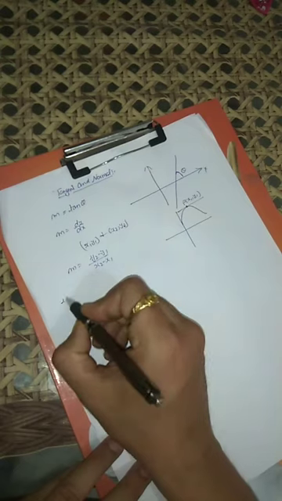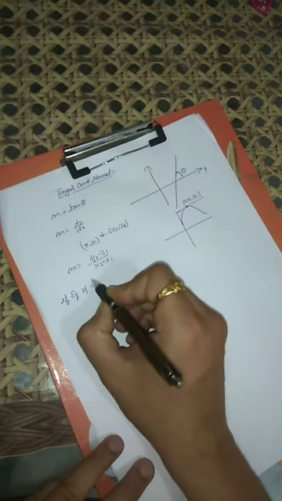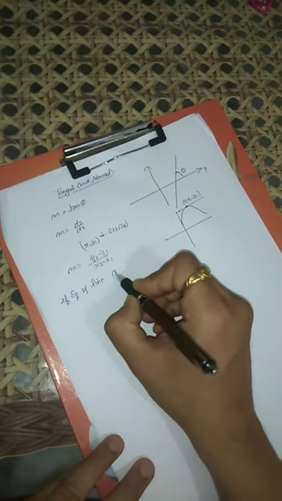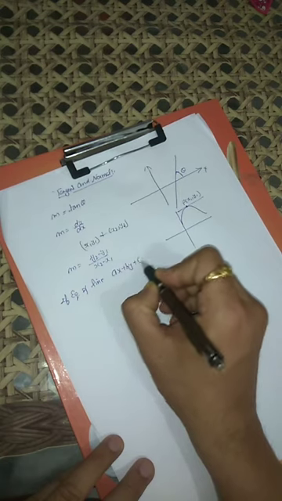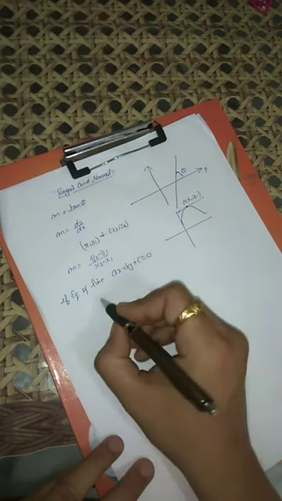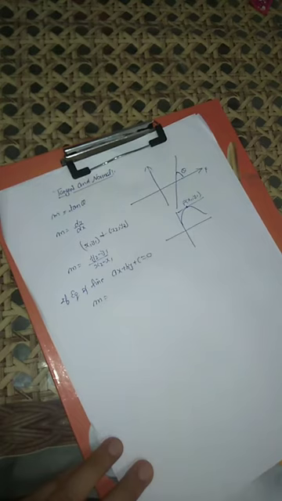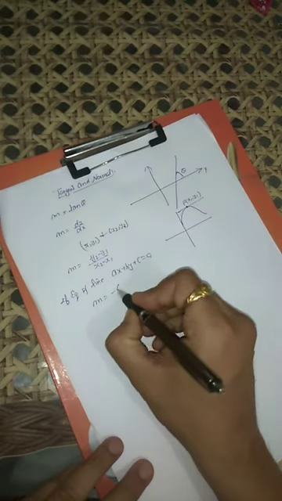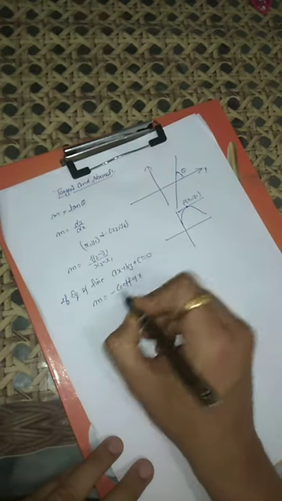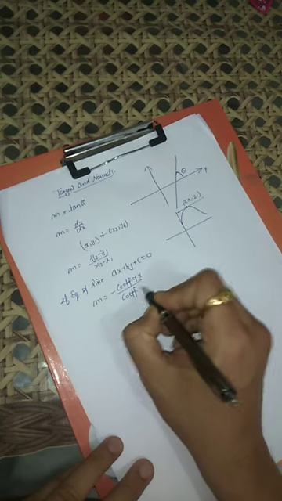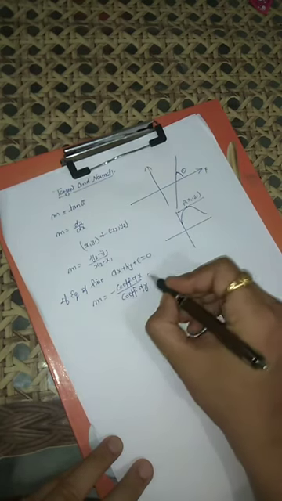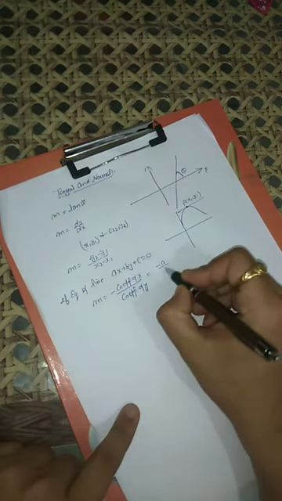And if the equation of line in the linear form ax plus by plus c is given to us, then the formula to find out the slope of the tangent is minus coefficient of x upon coefficient of y. That is, according to that, it is minus a upon b.